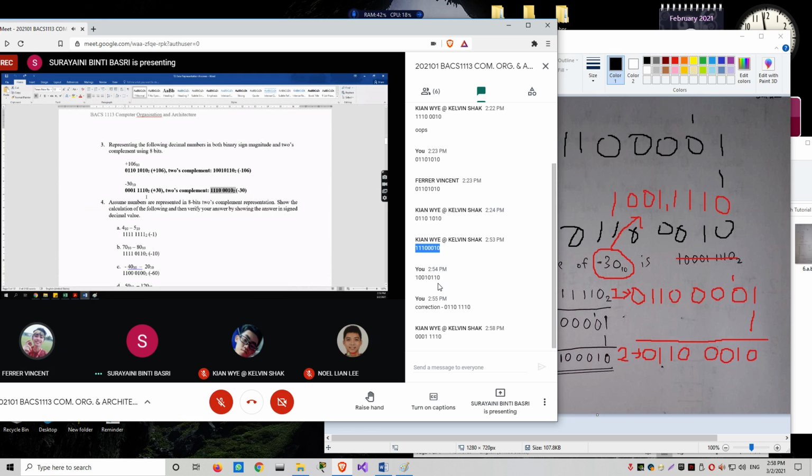Okay. So meaning first you just convert the decimal, and then to get the negative 30 you need to do the inverse again, then plus one. Yes, that's it.